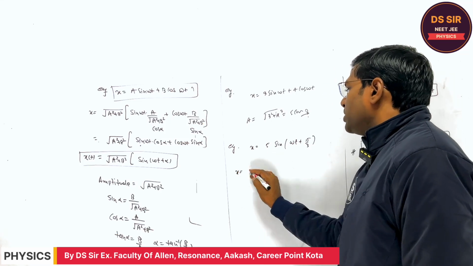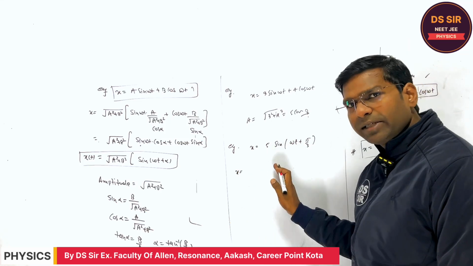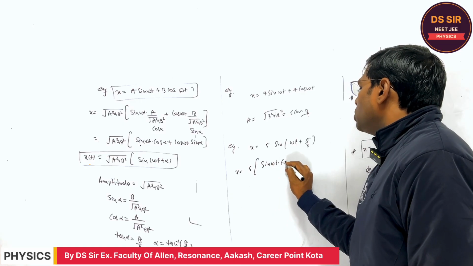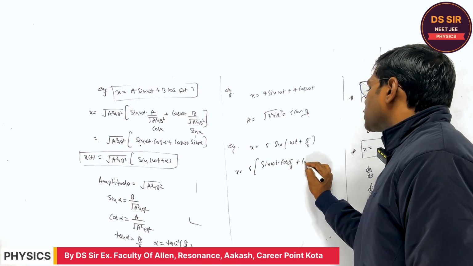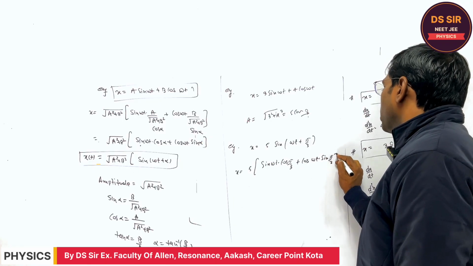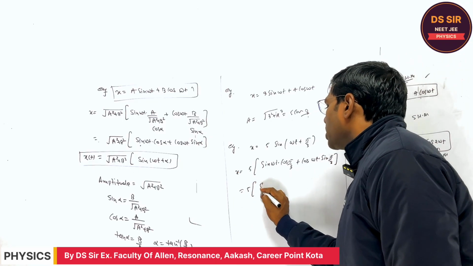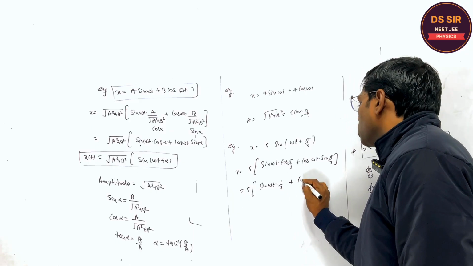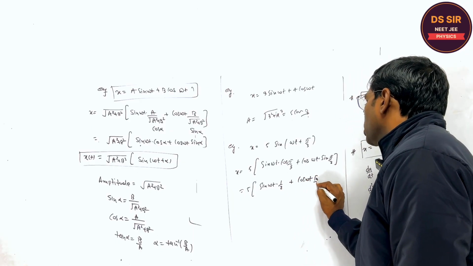So when you open this, is it SHM or not? Yes, it is SHM. 5 sin omega t into cos pi by 3 plus cos omega t into sin pi by 3. So it is 5 into sin omega t into 1 by 2, plus cos omega t into root 3 by 2.